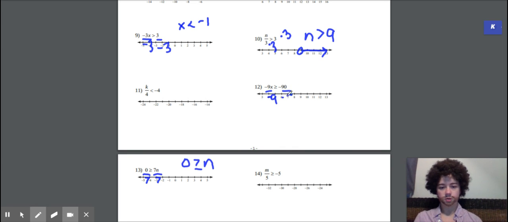And if you remember your multiplication rules with our signs, our division rules, a negative divided by a negative is a positive. Now we divided by a negative, so we flip that inequality. The or equal to stays attached. Now -90 divided by -9, that's going to be a +10. So x is less than or equal to +10.